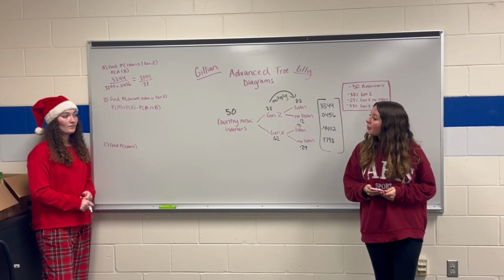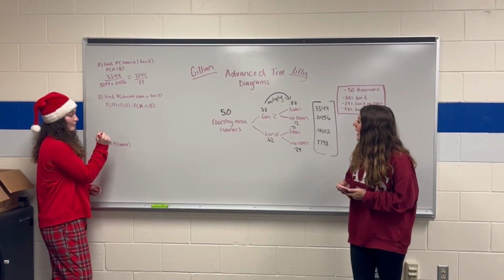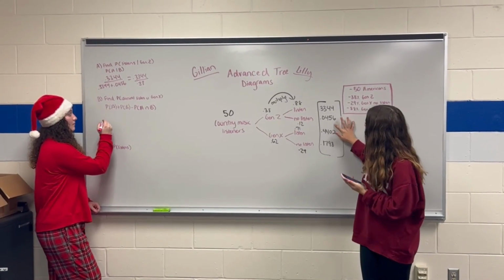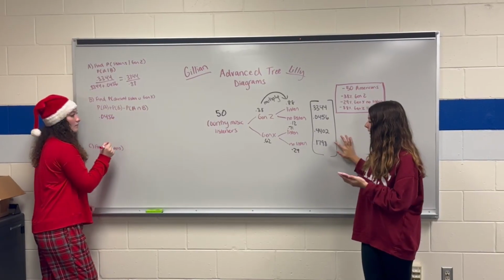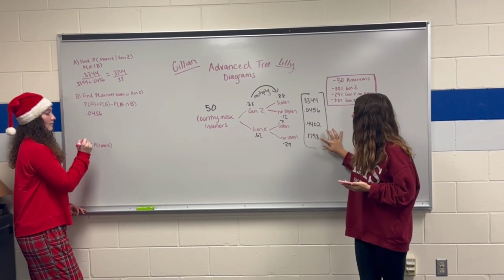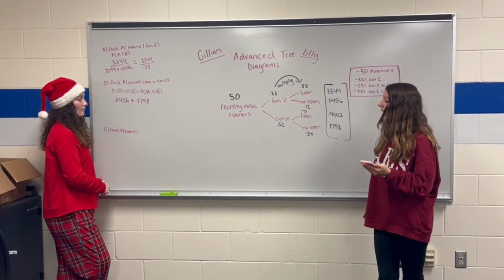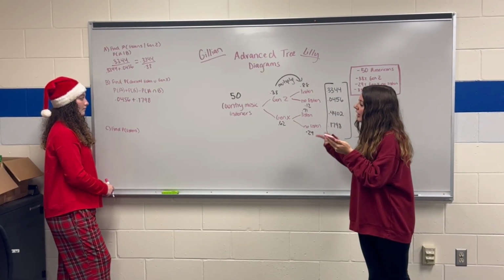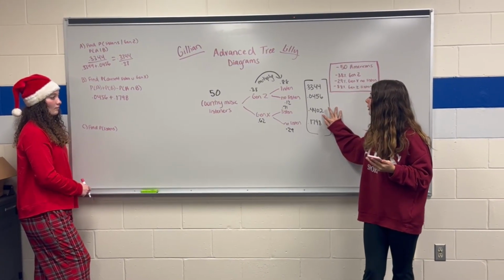For the OR problem, we're going to use the mutually exclusive form. We're finding P A doesn't listen. It's going to be 0.0456 Gen Z that doesn't listen, and then 0.1798 of Gen X that doesn't listen. And then we're going to add that to Gen X. So that would be 0.4402.